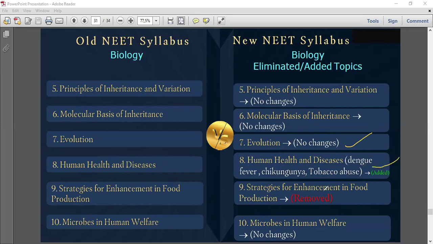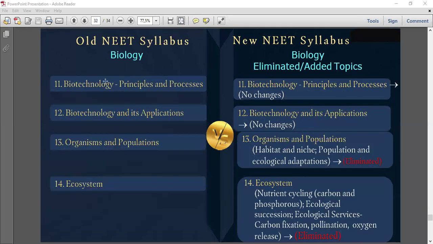Then strategies for enhancement in food production, removed. Then microbes in human welfare, there are no changes in it. Then biotechnology, principles and processes, no changes done. Okay, biotechnology and its applications, there are no changes in it. And in organisms and populations, habitat and niche, population and ecological adaptations eliminated.